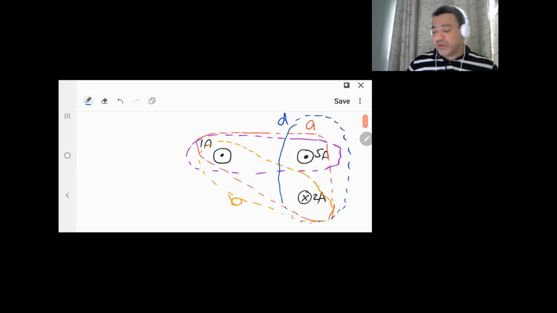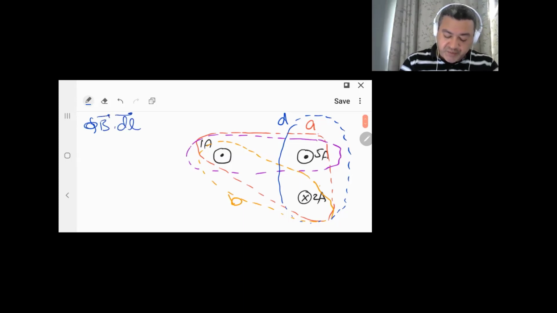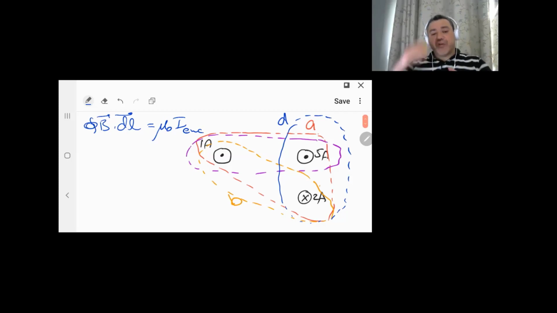So in this case, what I want to do is to calculate this part only, which means I'm only interested to find the mu naught I enclosed and rank them based on the right side of the equation, just calculating how much is the I enclosed within those paths.